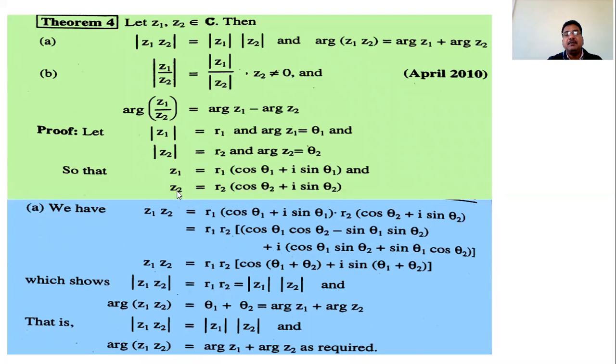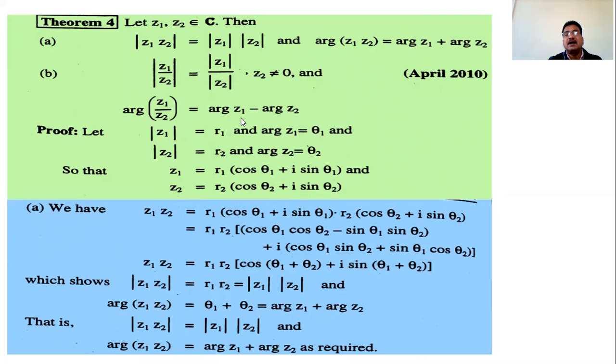Like this, if you write z2 as r2 cos theta2 plus i sin theta2, what does this indicate? That r2 is modulus of z2 and theta2 is argument of z2. So r1 into r2 is modulus of z1 into z2, and theta1 plus theta2 is argument of z1 into z2. And what is theta1? Theta1 is argument of z1.